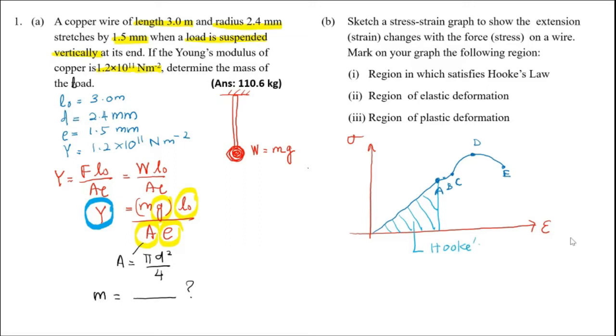And then on the same graph, you also need to mark regions of elastic deformation. For the region of elastic deformation, just draw a dotted line passing through point B, because point B is the point of elastic limit.